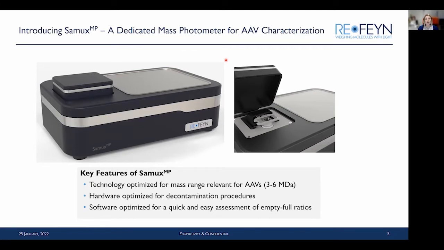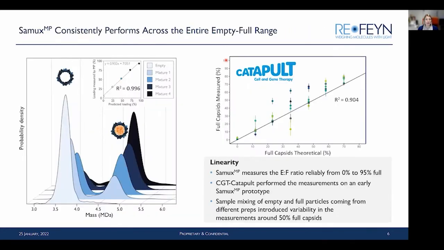Now I'd like to show you some data on how this instrument performs with AAVs. So let me start off with the experiment showing the range of empty versus full particles. The data on the left was acquired in our own lab, where they used 5 different mixtures of empty and full particles that we commercially purchased, ranging from 0 to 95% full.